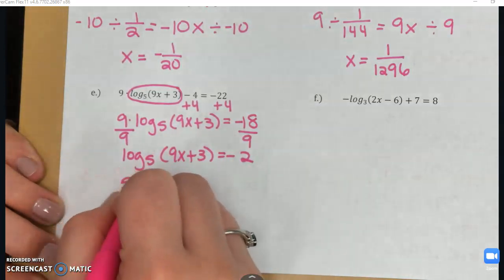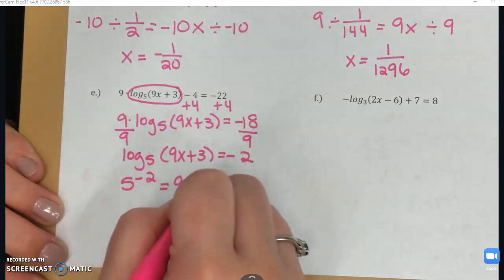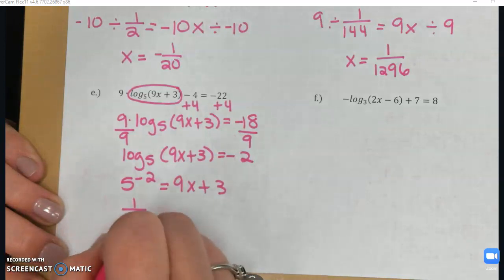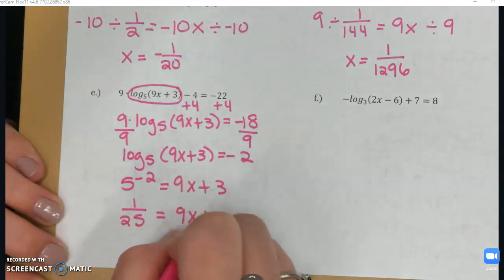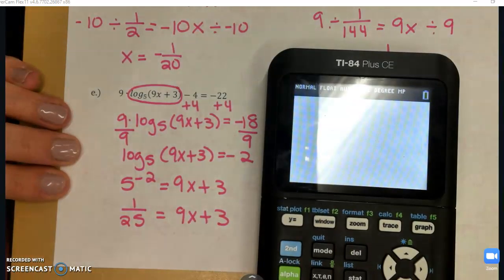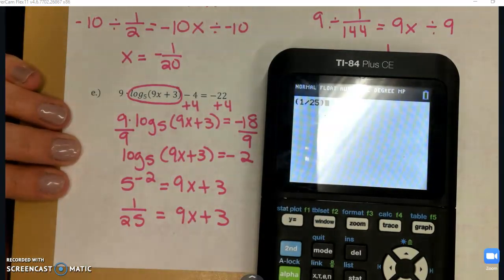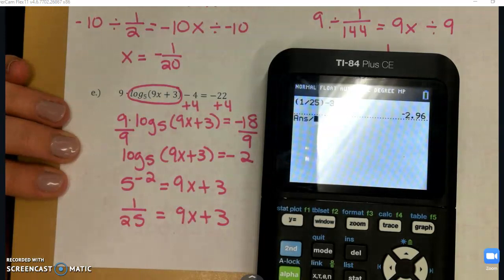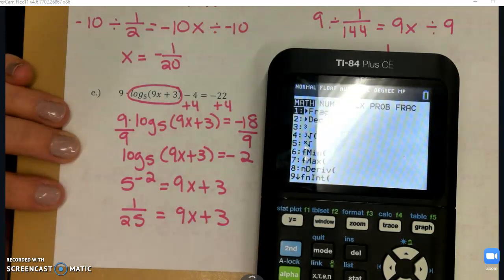Write it as an exponential. Now to solve for x, I need to subtract 3 and divide by 9. I'm going to do that in my calculator. Let it do the hard work for you. Minus 3, divide by 9. Math, enter, enter.